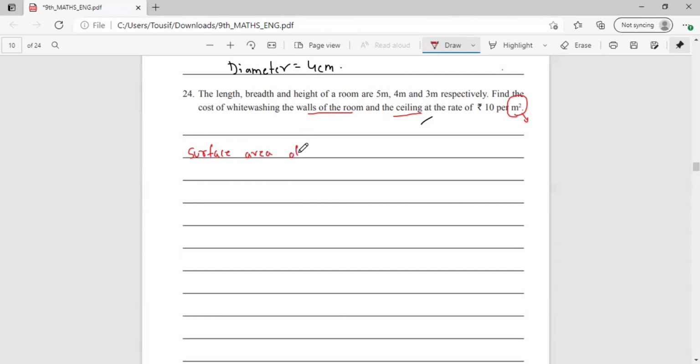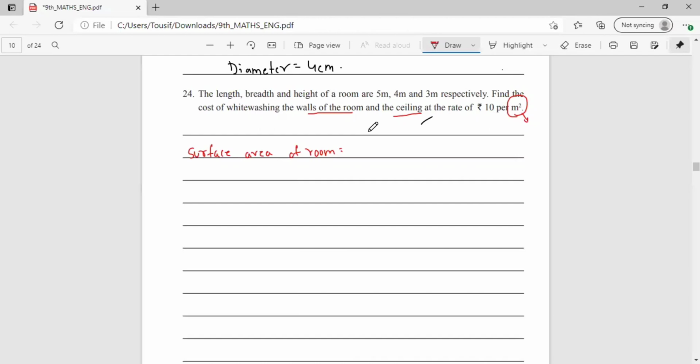Surface area of room. What is going to be the formula? We are not going to find out the total surface, right?